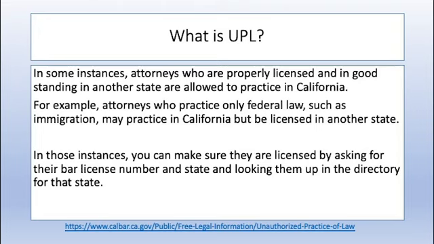There's also another level of UPL, which is how states use UPL to keep lawyers from practicing in their state, for the lack of reciprocity. In other words, they say, you don't know the laws well enough in California to do real estate law here.